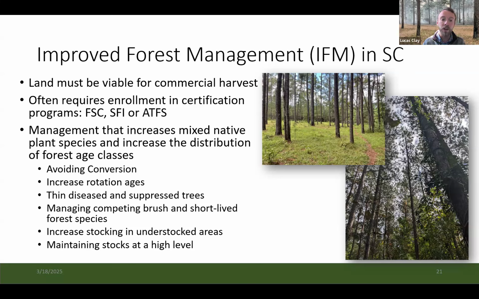So the goal of the new management is going to increase native plant species and increase the distribution of forest age classes. So we can do this a variety of ways. Potentially it might be avoiding conversion in some project types, increasing the rotation ages, as we showed in that last example, thinning diseased and suppressed trees, managing for brush, increasing stocking, and then also maintaining other stocks at high levels.